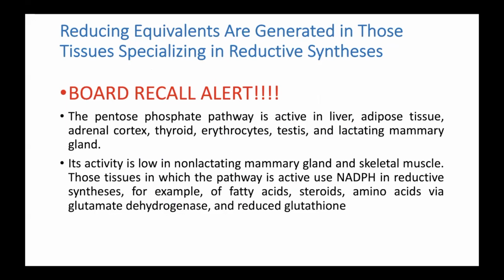Now, I love this question. This question came out 3 biochem exams ago. So, board recall alert. It is lifted from Harper's. They were asking in which of the following tissues is the pentose phosphate pathway active?